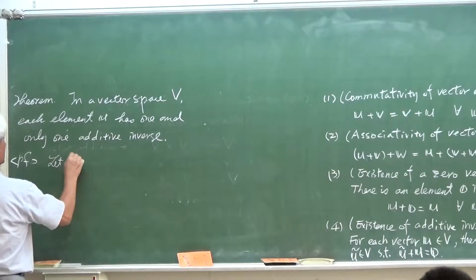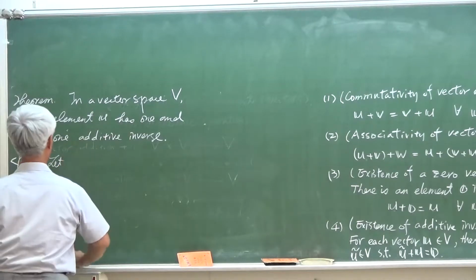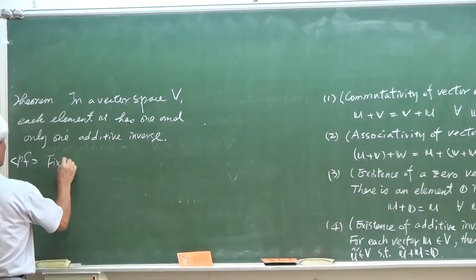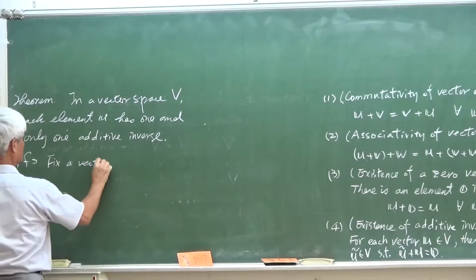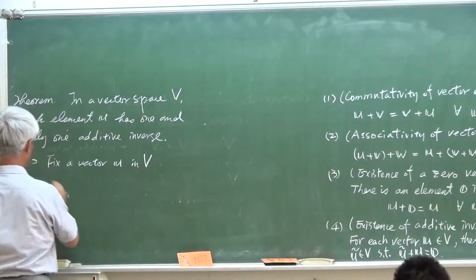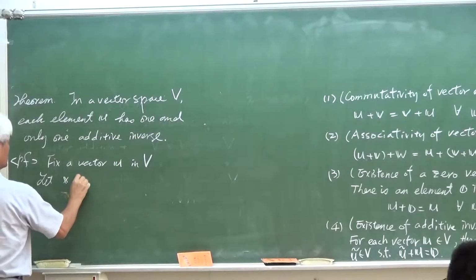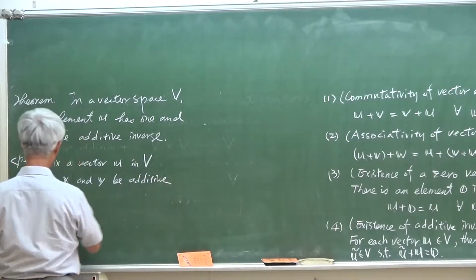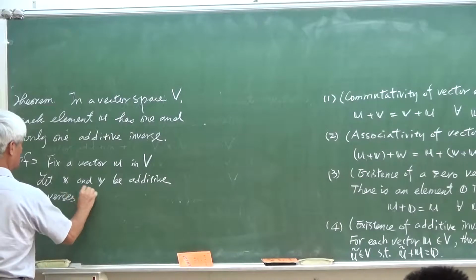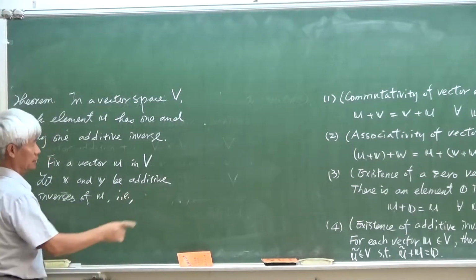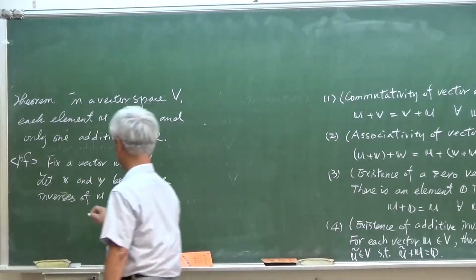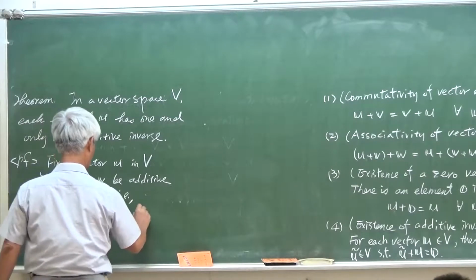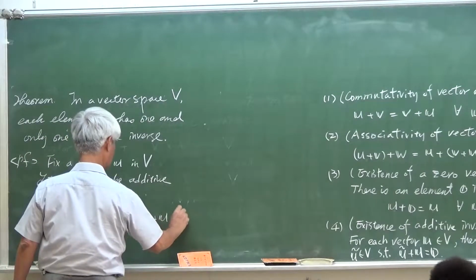So we fix a vector u. We let x and y be additive inverses of u, i.e. x plus u equals 0 and y plus u equals 0.